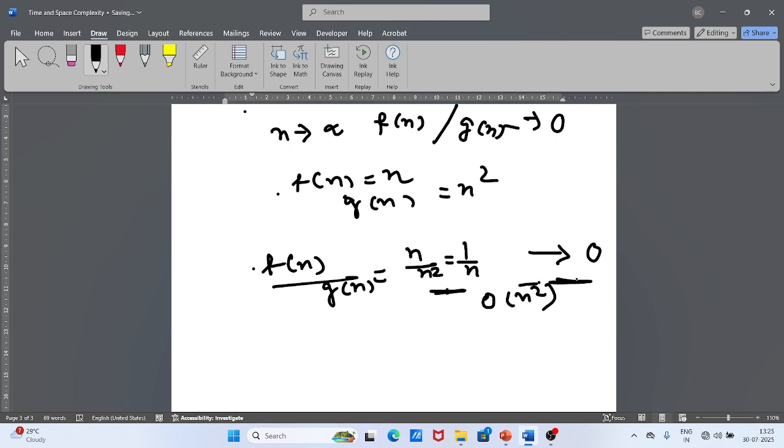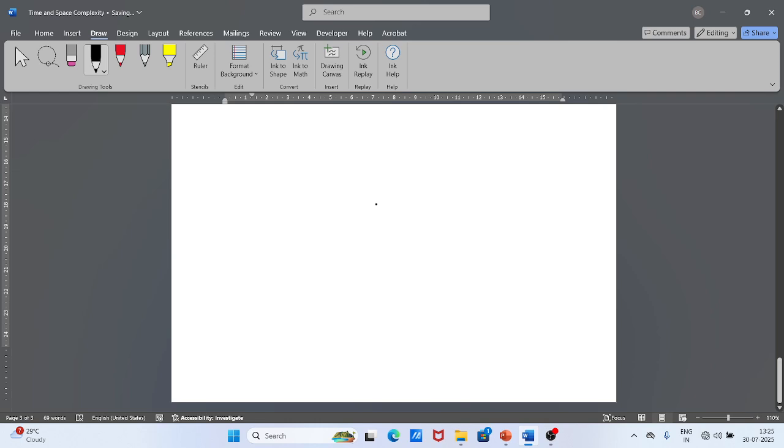Clear or not? Now come to the small omega notation. Small omega. f(n) is equal to omega of g(n).